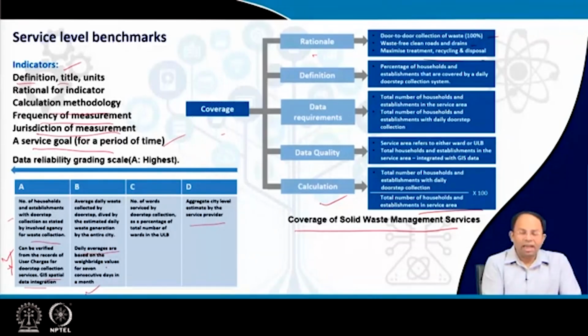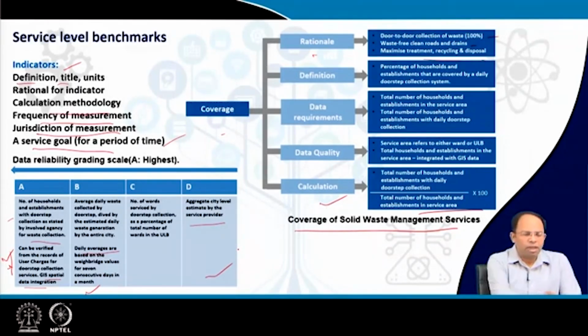So I take that overall weight and I know per capita how much waste is generated. Based on that I can derive how many people are actually being reached by door-to-door collection. So that is how we can also say that these measures are very easy, the indicators are pretty easy, but how to monitor them, how to measure them, are those indicators reliable? These are the different questions that we need to ask.